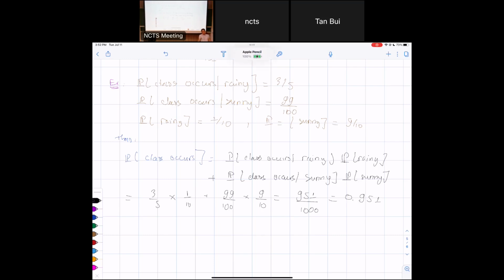Okay, so simple calculations show us that the probability that the class is going to occur is more than 90%. Good, then you should go to class after this calculation, right? A very simple and effective way of using total probability, because this is what our life faces every day. We make decisions under uncertainty.